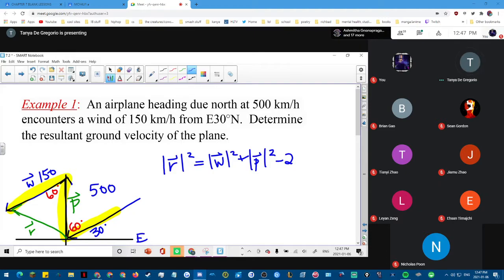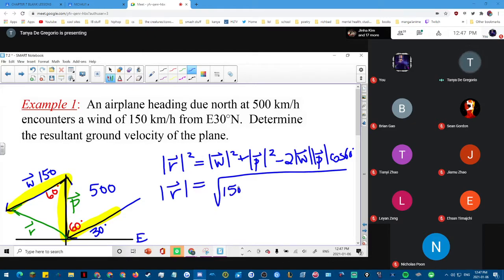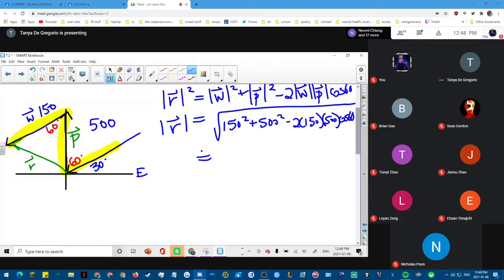So go ahead and do that. And go ahead and give that to me with units to 1 decimal place, please. 444.4 kilometers per hour.